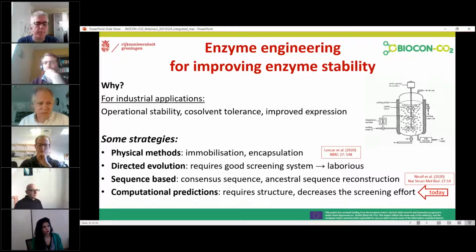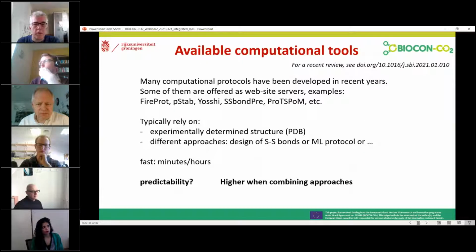Next slide, please. So there is no single solution and no single protocol at the moment that is really the best, I would say. By now, there are a number of approaches in which computational power is used to predict mutations, so changes that you should make in a protein structure to make a more stable protein or enzyme.